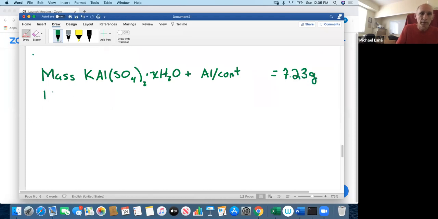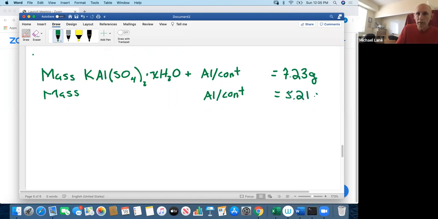The mass of just the aluminum container was equal to 5.21 grams.